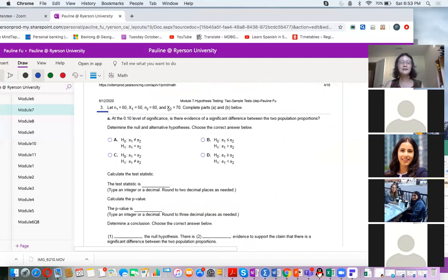N2 80, X2 70. Part A, at 0.1 level of significance, is there evidence of significant difference between the two population proportions? Okay, so which one would you select?